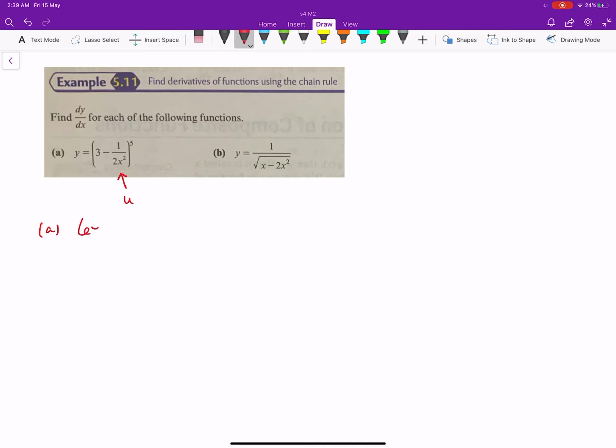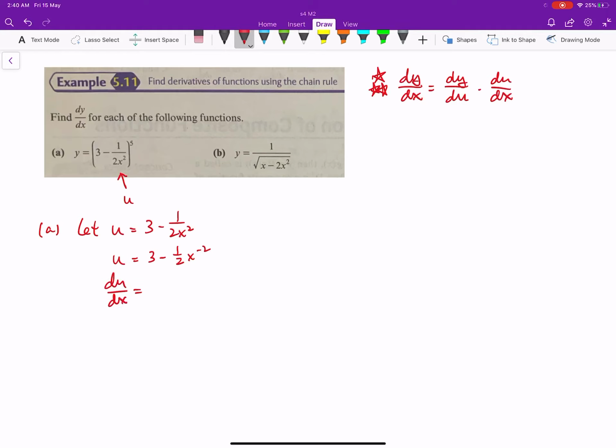So this is the skill we use in the coming steps. Now we let u equal to this one. To make it easier, we change it to x to the power negative 2. And here we just remember the chain rule. If we want to find dy/dx, then we need to find dy/du and also du/dx. So we can find du/dx first.